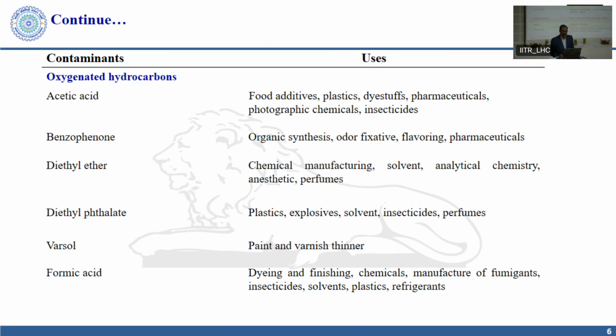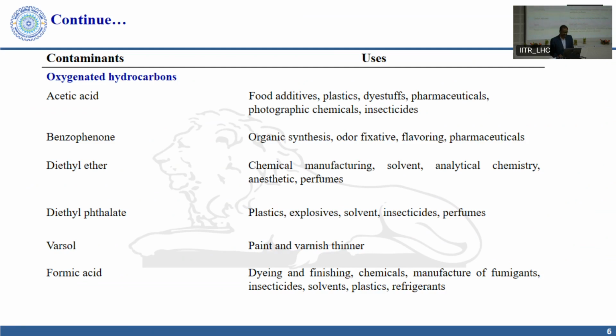Okay, this is the main purpose of the oxygenated hydrocarbons. Next is diethyl sulfate: plastic, explosive solvent, insecticide, perfume, paints and varnish thinner. The paints and varnish are also mostly used for wooden polish or furniture.